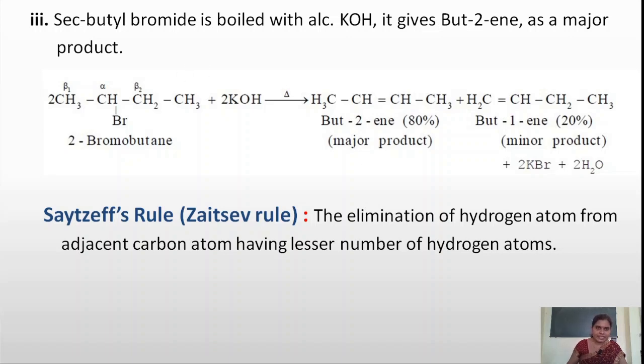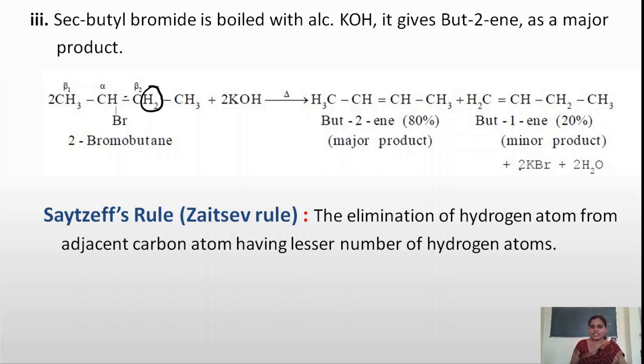Means in this case, this beta 2 hydrogen is removed, and the 2 electrons from this carbon-hydrogen bond are shifted toward this, and there is a formation of but-2-ene as 80%, while there is a less probability of the removal of this beta 1 hydrogen, and this is formed as a minor product, that is 20%.